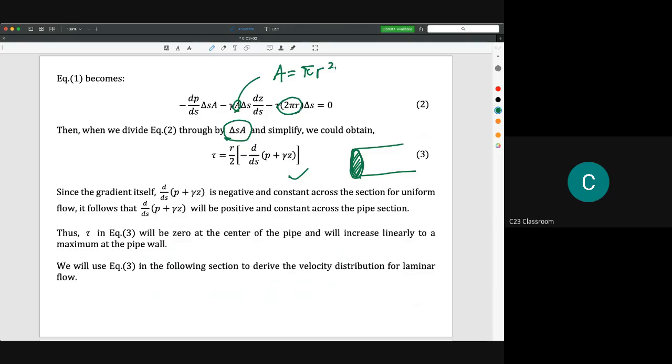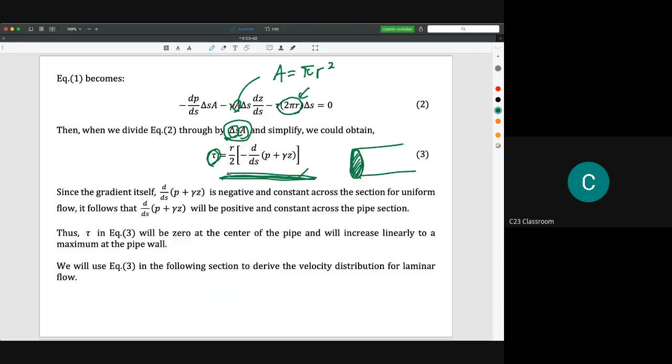Then you could cancel certain terms from 2 pi r here, because we are dividing by delta S and A. So you substitute the value of A equal to pi r squared, and then you could do something with this term. Then we could rearrange and find that the shear stress tau here can be written as this term.